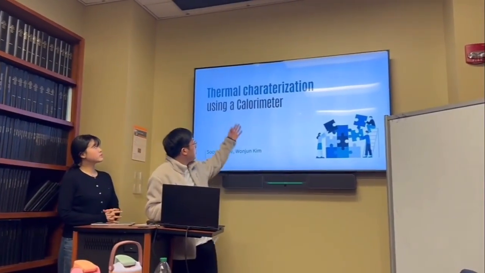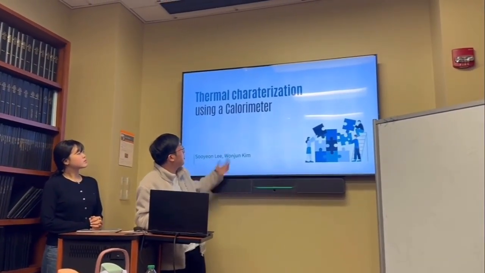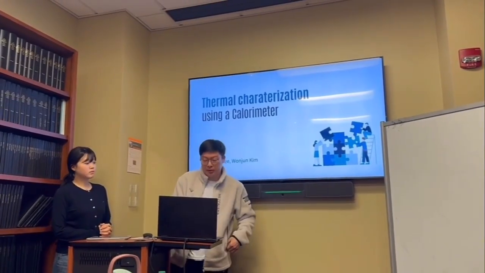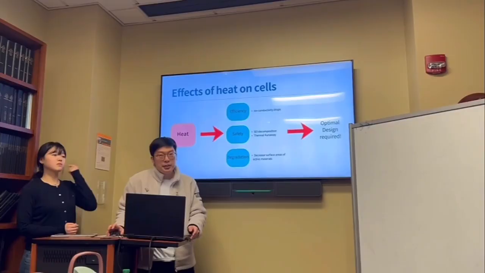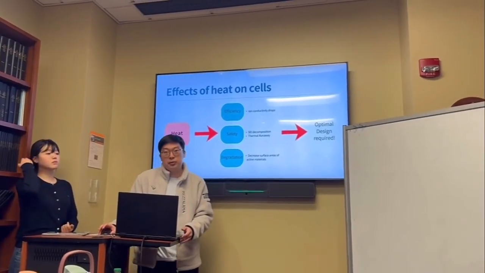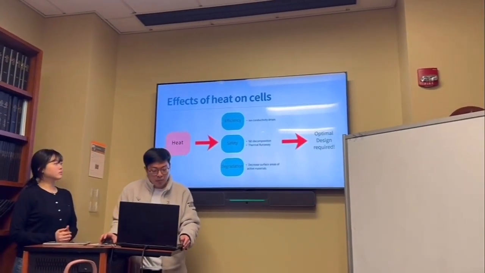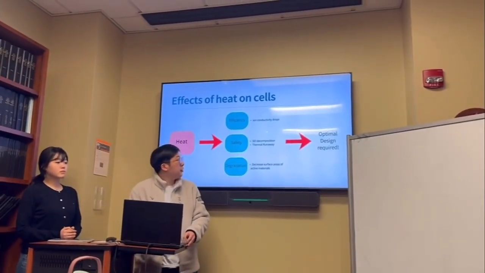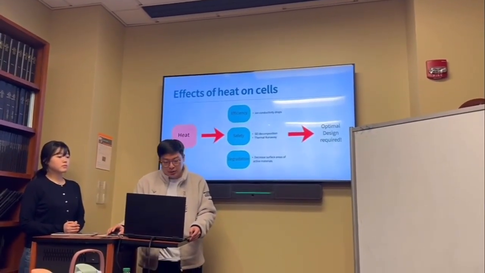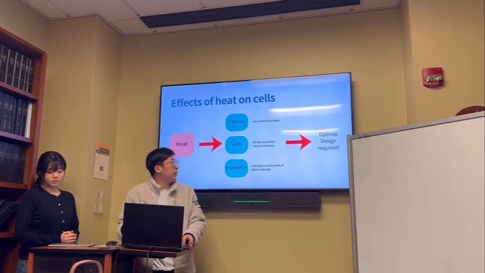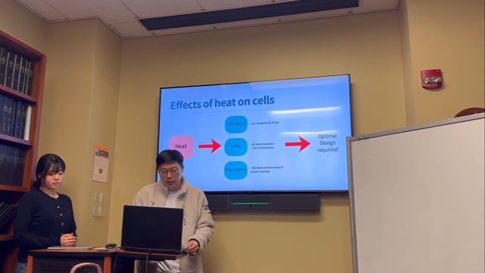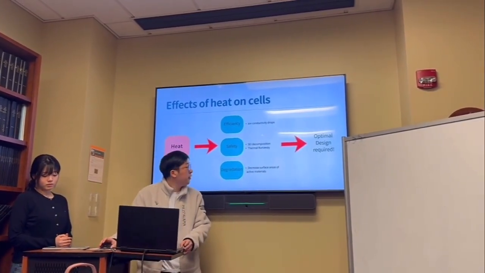Today we're going to talk about the topic: thermal characterization using a calorimeter. Heat affects batteries in multiple ways. As the temperature decreases, ion conductivity drops, and it leads to a decline of the battery's efficiency.